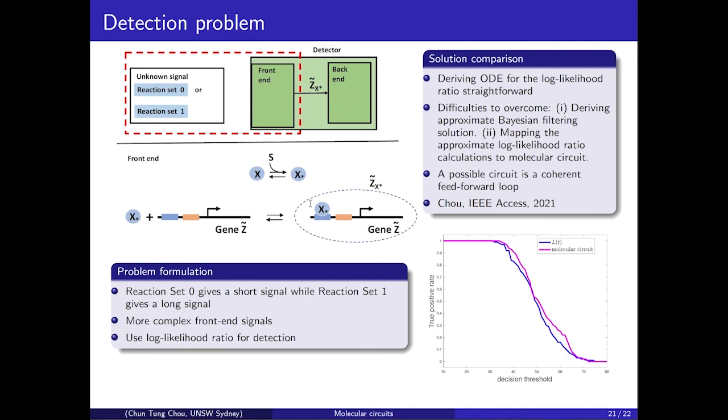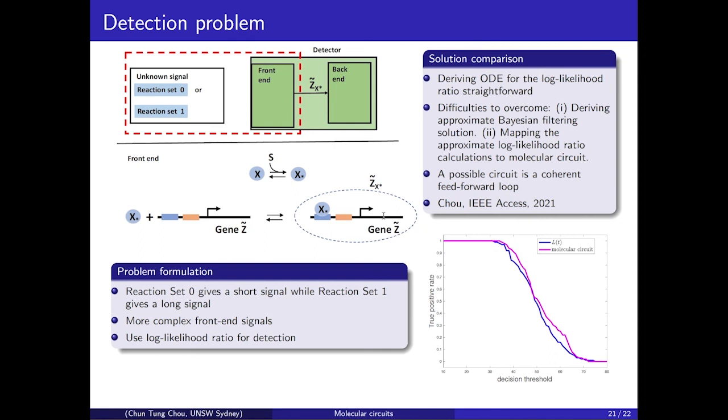We will use the signal when X star is bound to this gene to do the detection. So there are 2 layers. S is what the time profile changes, but we are using a lot more reactions and downstream signals to try to do the detection. Can we do that? Yes, we can.